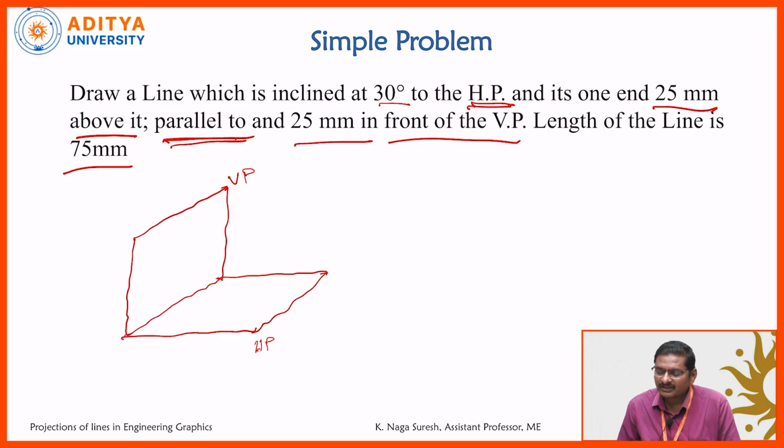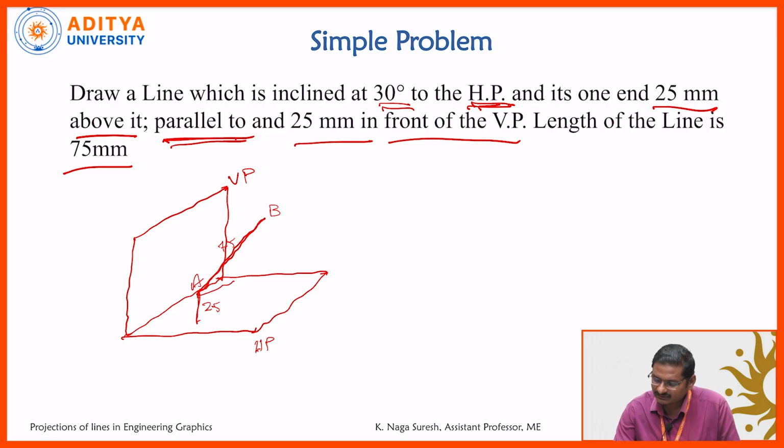The line is at 30 degrees to the HP and one end is 25 mm above the HP. So take a height of 25 mm and draw an inclined line, with ends A and B, 75 mm long.